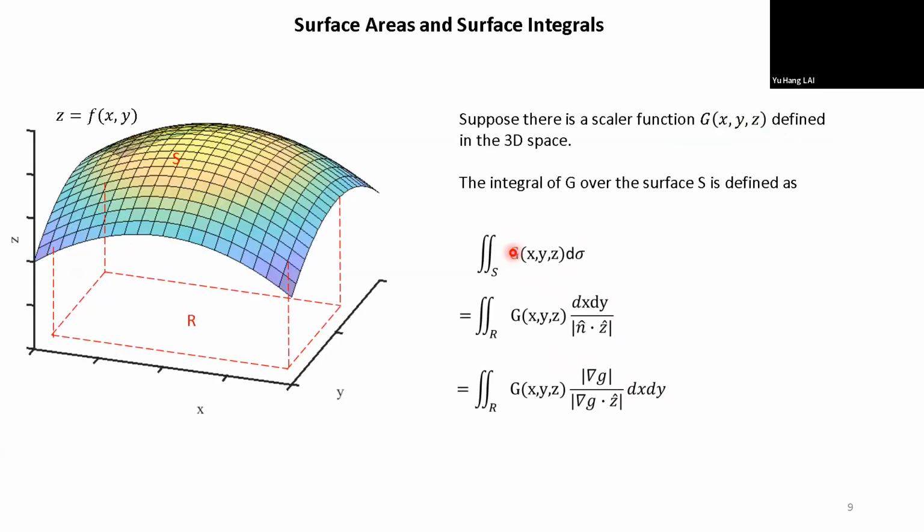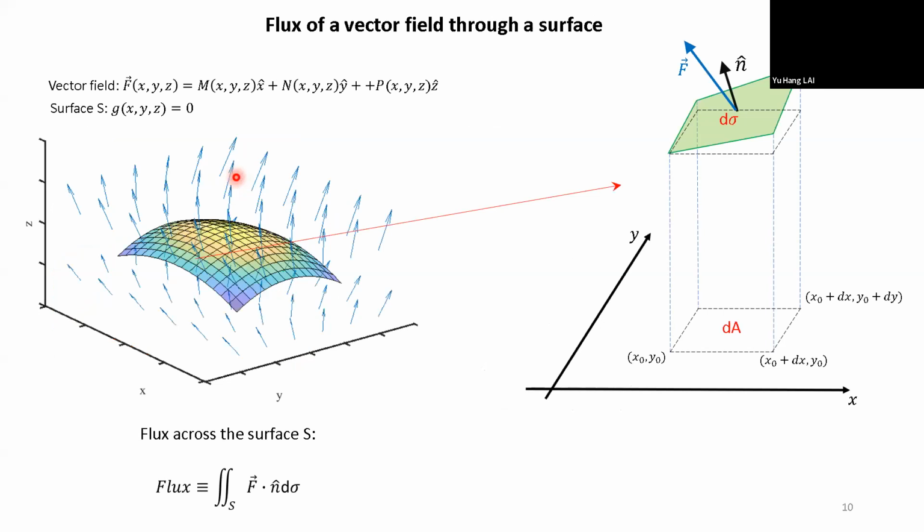Okay, so that means in this case I'm considering at each surface area element I have some scalar value. But what we really care about, more importantly, is that suppose now I want to put this surface in a vector field. So now at each element of this surface, I have some particular vector, just like what I show here.